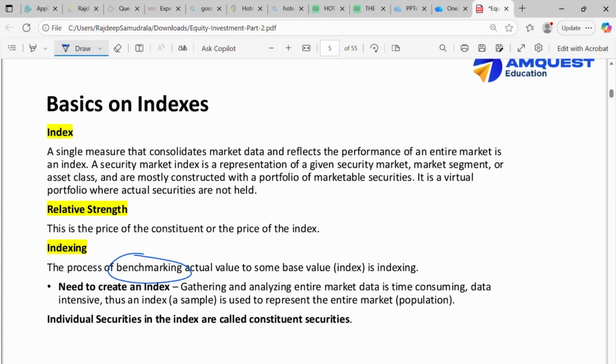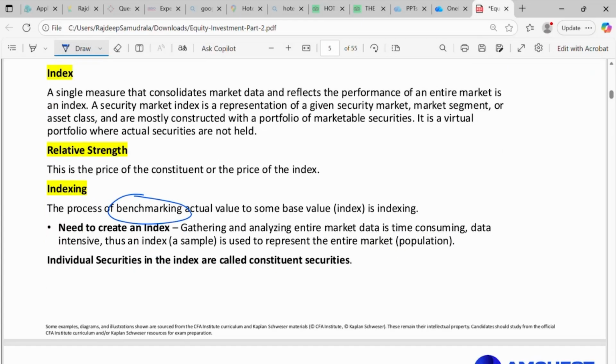You need to make sure you create an appropriate index that represents the entire market. That is very critical, so the index should be representative. I will not have some small, tiny shares in the index that don't represent the entire sector.